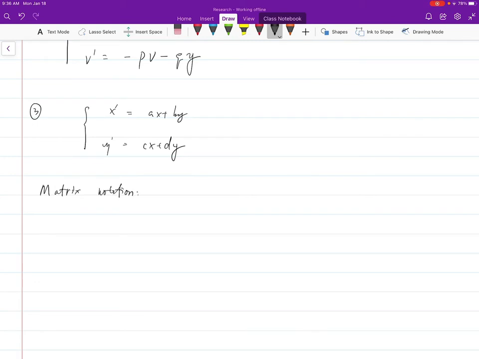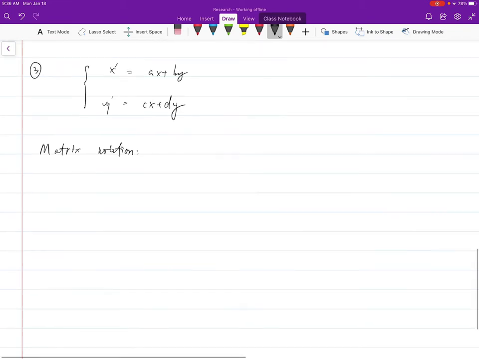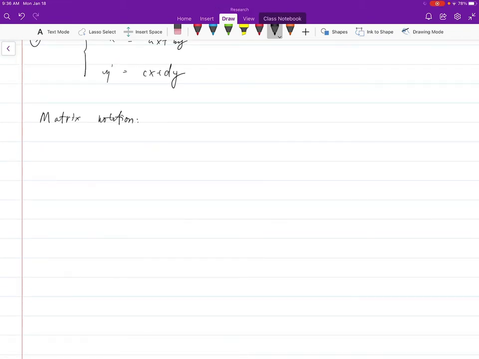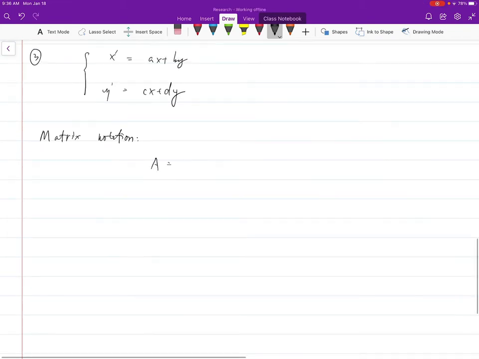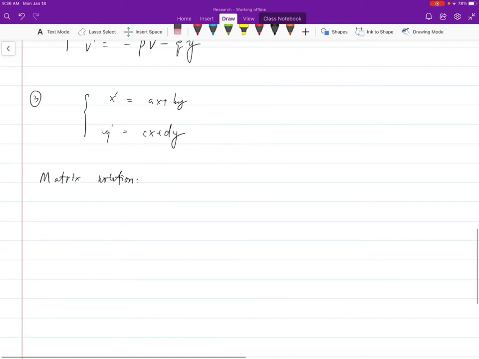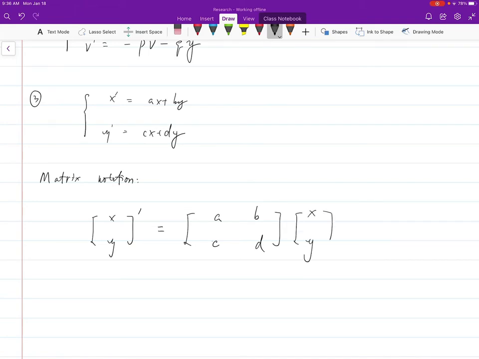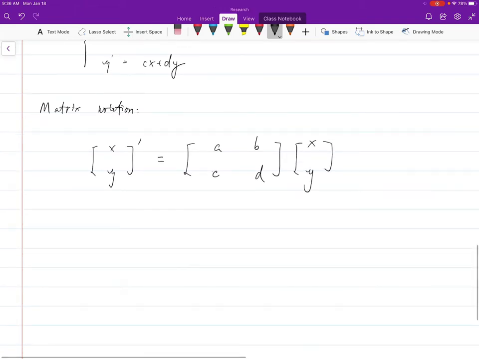If it's nonlinear, we may not be able to do this. But if it's linear, we can write it as a matrix. So the whole thing can be rewritten as (x, y) prime for both A, B, C, and D. This only works for linear, okay?